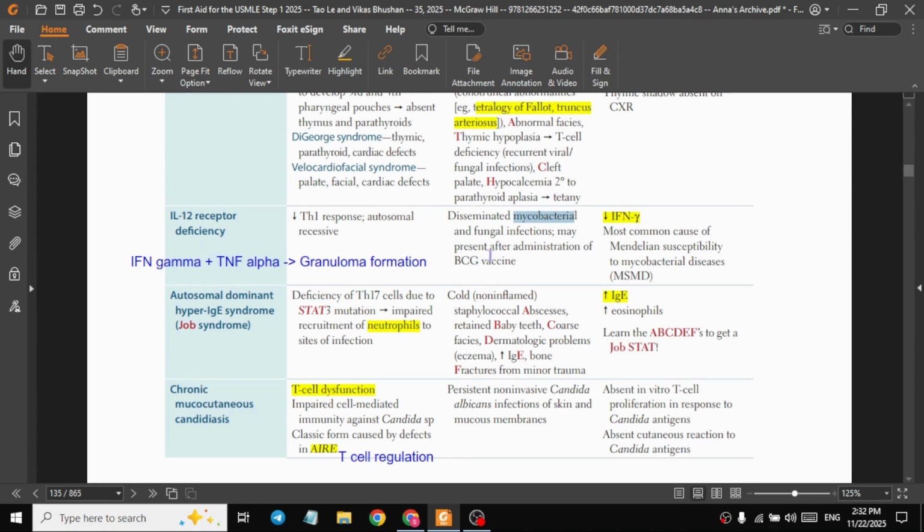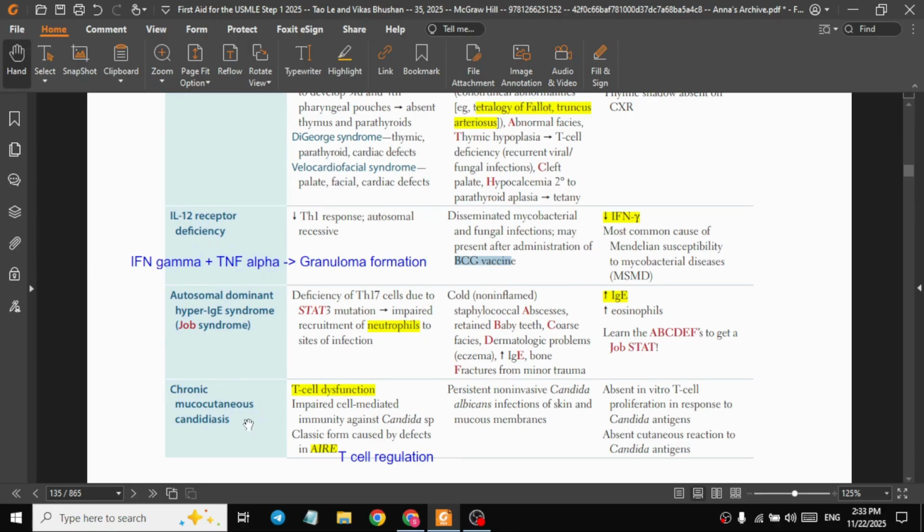Even after the BCG vaccine, which is meant for TB, you can have disseminated TB. Even though it's a killed vaccine, you can see a disseminated presentation of TB. Important.